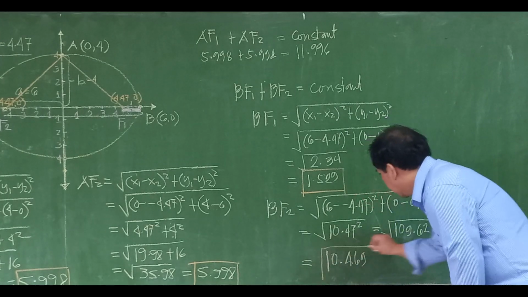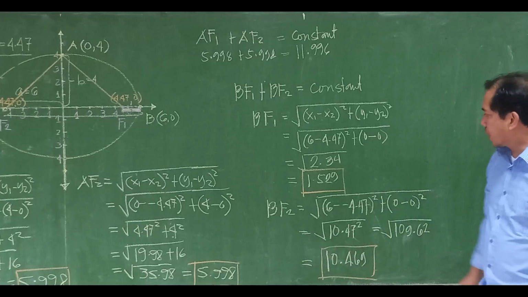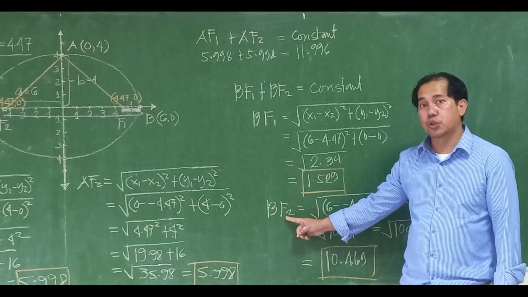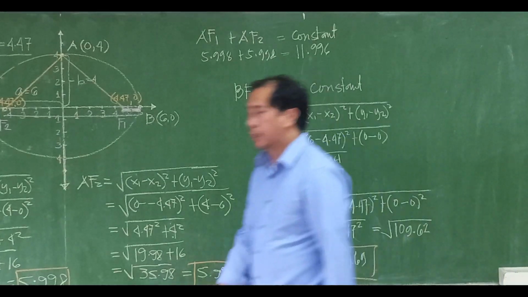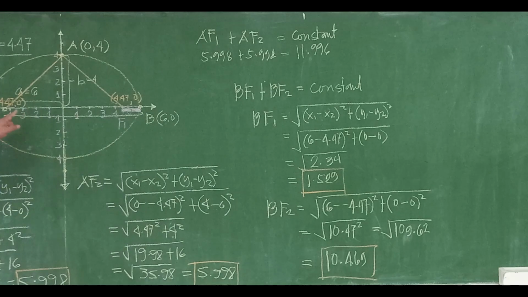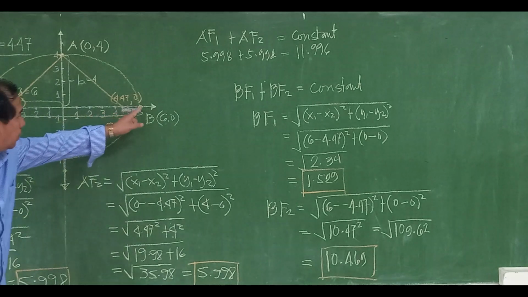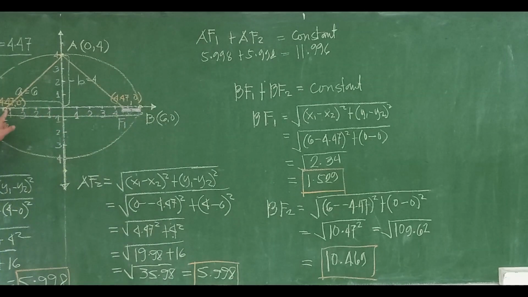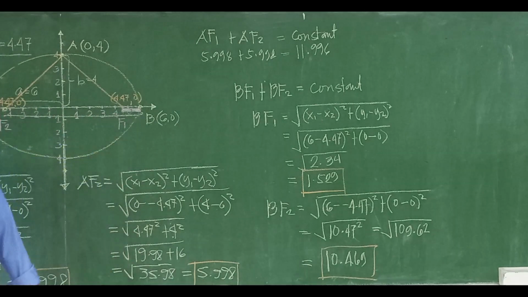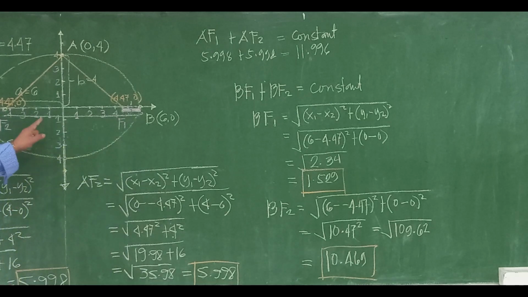Meaning, this result is actually the measure from point B to focus number 2. Now, where is that in our illustration? That one is located in here. That is point B from here going to focus 2.